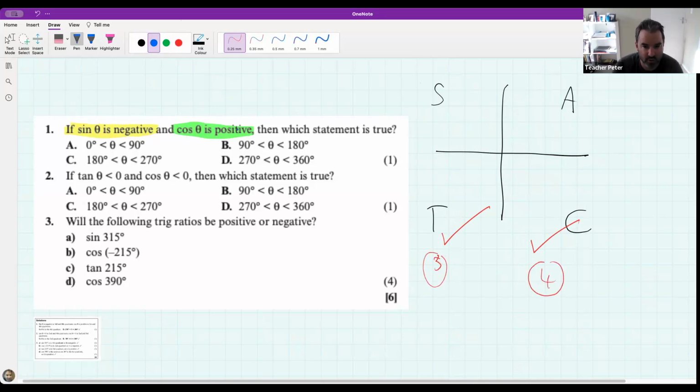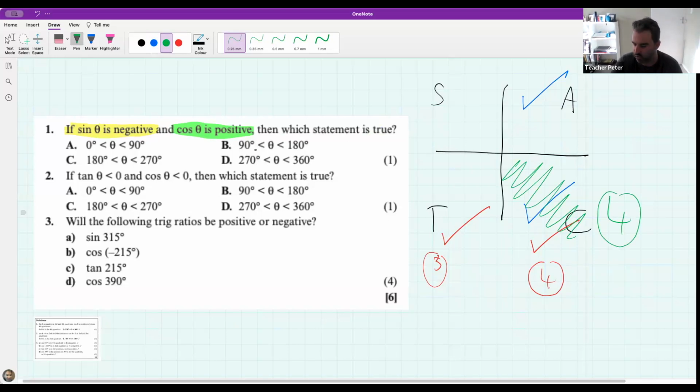But it says cos is positive. Now, cos will be positive here and here. If sine is negative and cos theta is positive, then which statement is true? Well, I think the only way both of those statements can be true is if you end up in this quadrant over here, quadrant number 4. Choose the option here that you think matches quadrant number 4.